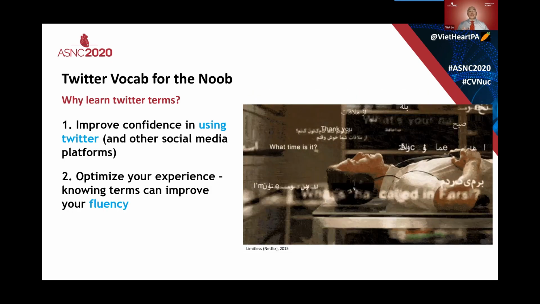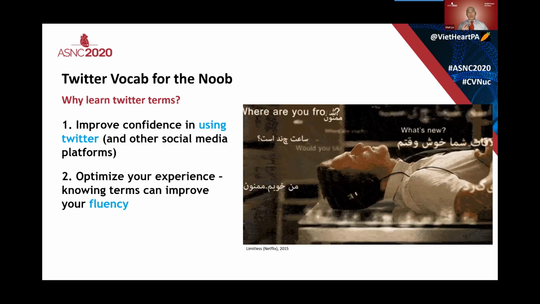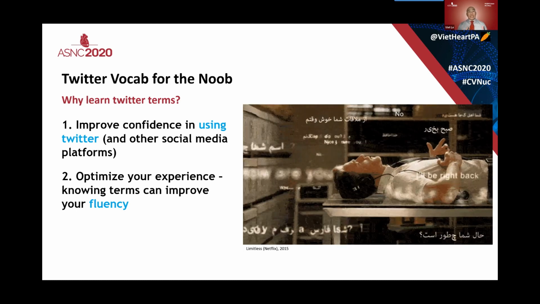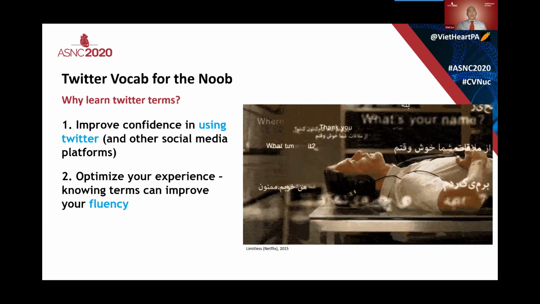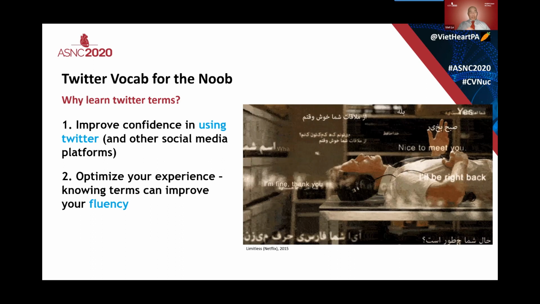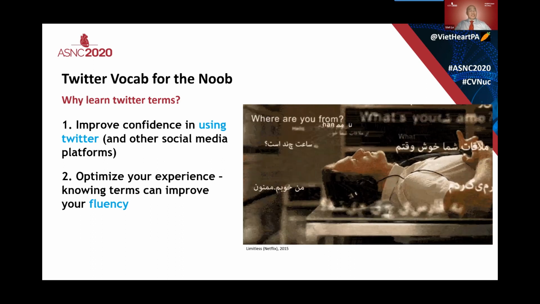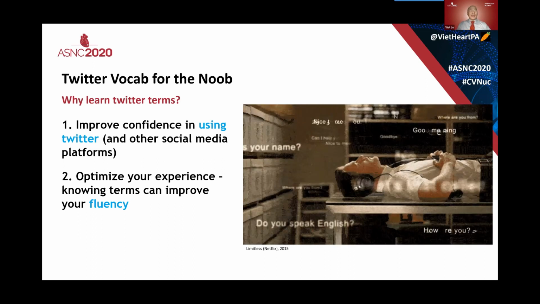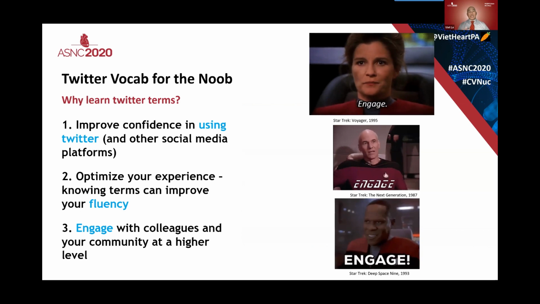Second, optimize your experience. Knowing terms can improve your fluency, both with the platform and just how to use it most optimally. Here you see a scene from Limitless, bringing in that information as if by osmosis, right? Diffusion gradient. And then lastly, engage. As we learn, have confidence, and bring that fluency, we can engage at a high level.